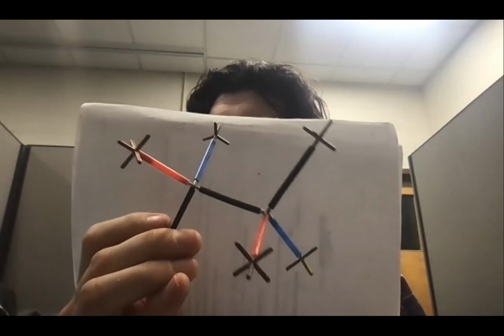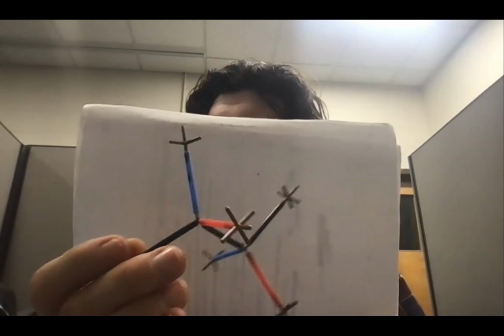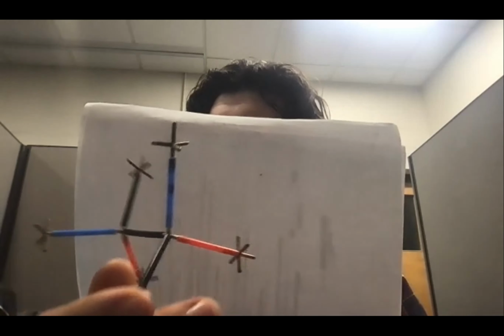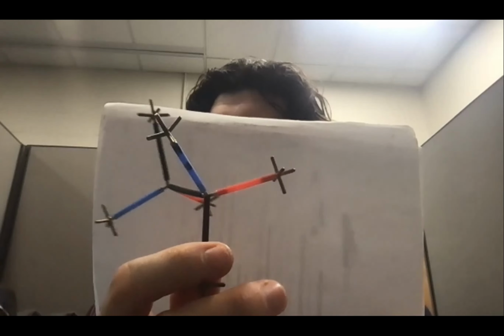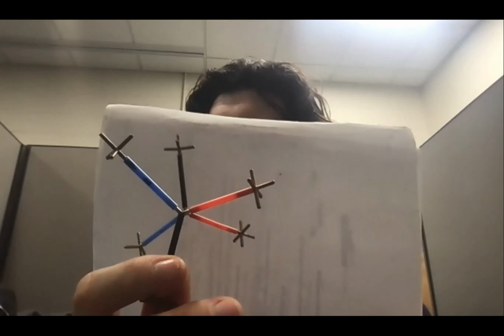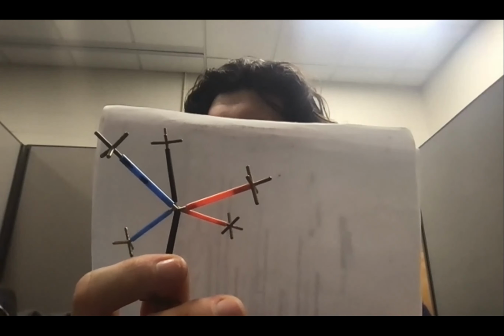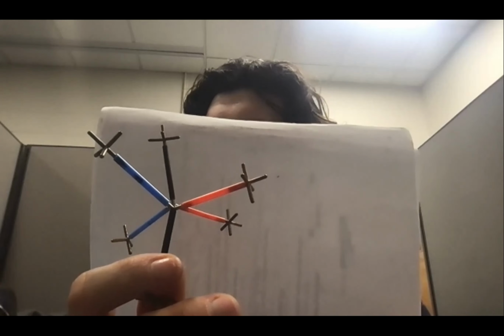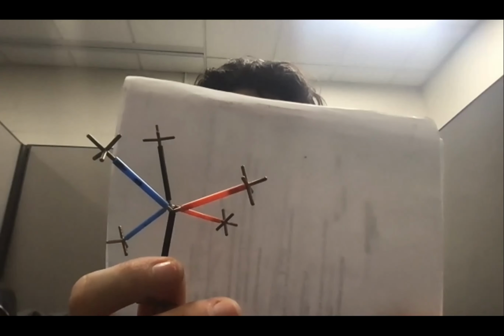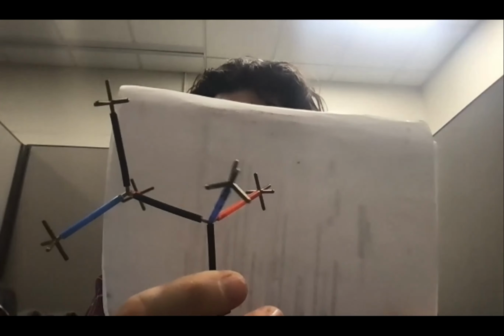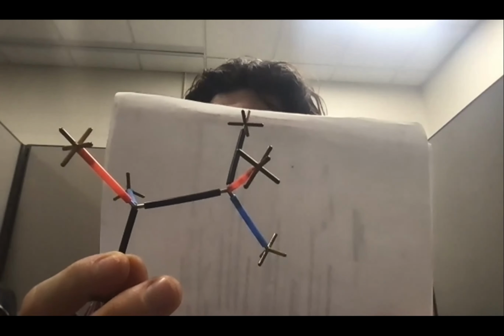And you could similarly rotate the other way to get the dashes on the other side, the blue bonds there, and the wedges on the other side as well, because we rotated from this way.